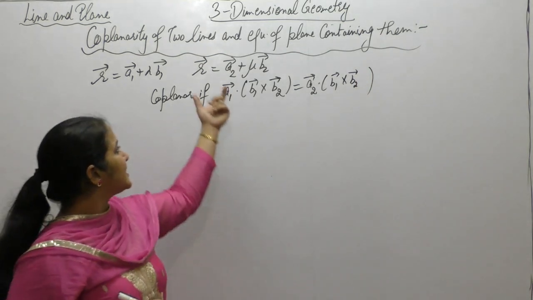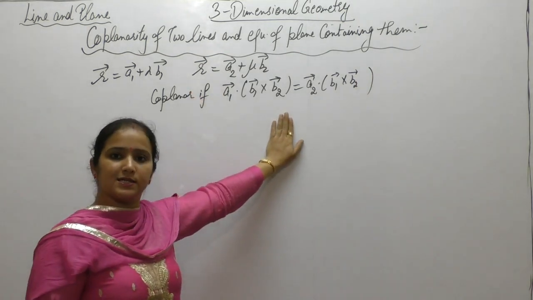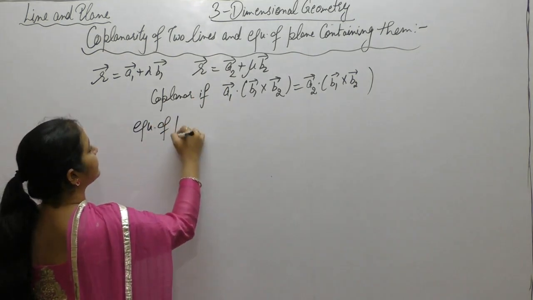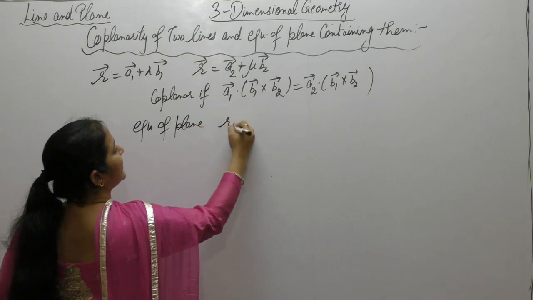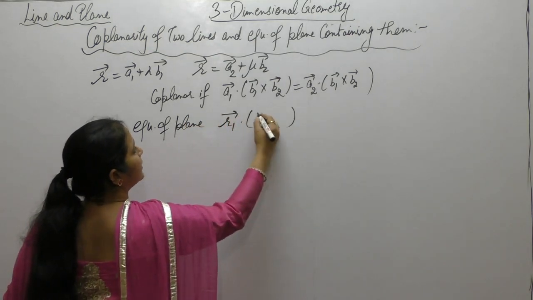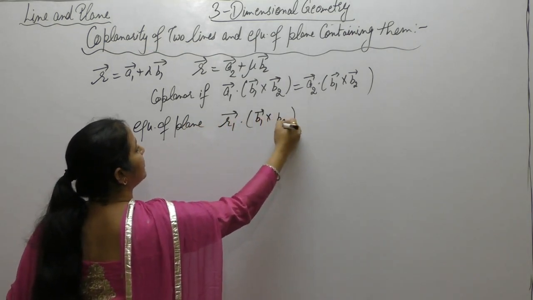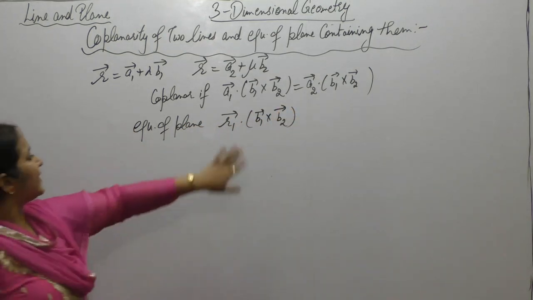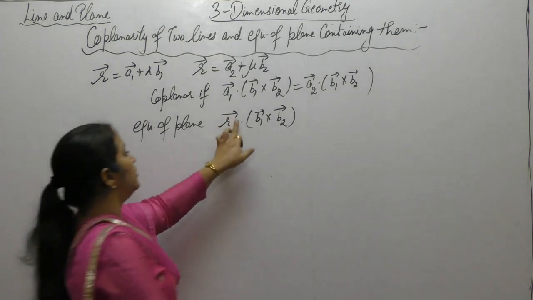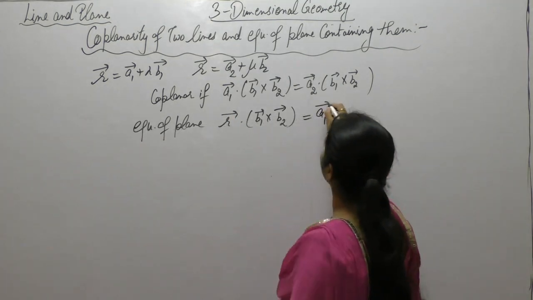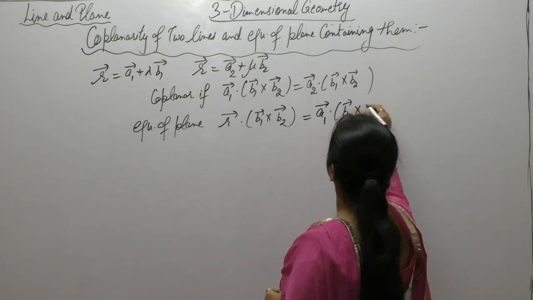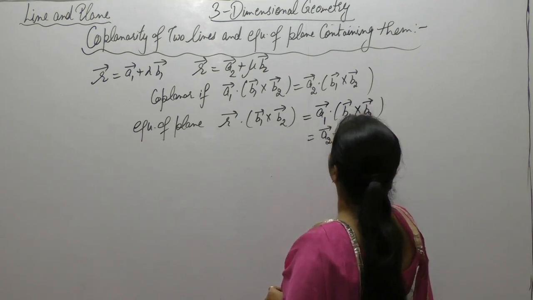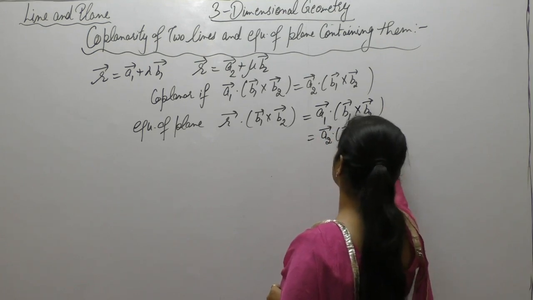These two lines are coplanar if this condition is satisfied, and the equation of the plane containing them will be r vector dot b1 cross b2 is equal to a1 vector dot b1 cross b2, or a2 vector dot b1 cross b2.